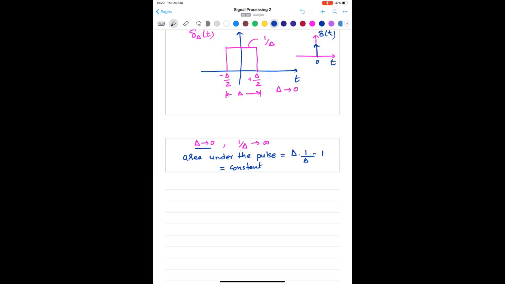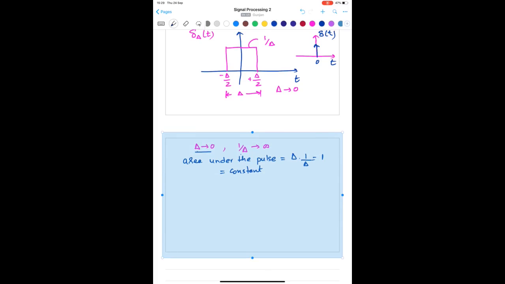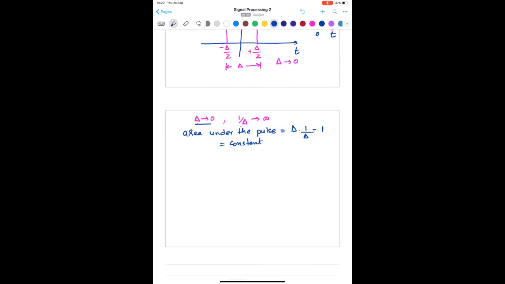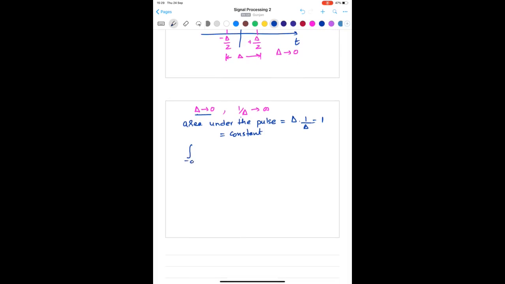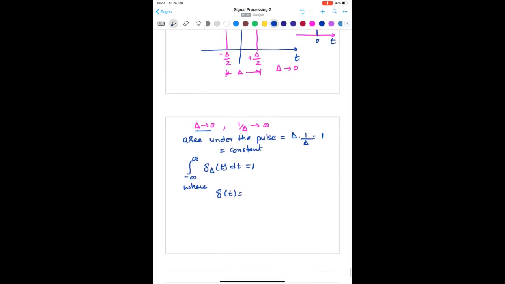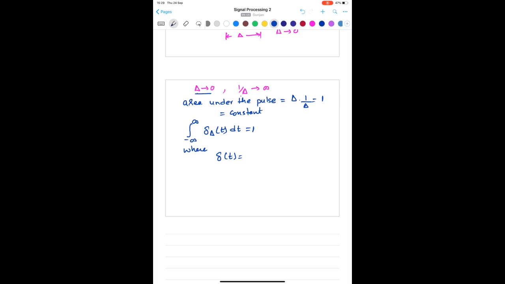So whatever the condition is, the area under the impulse function is always equal to a constant, which is 1. More generally, we can say that the integral from minus infinity to infinity of delta t dt is equal to 1, where delta t, the impulse function, is equal to the limit as delta tends to 0.